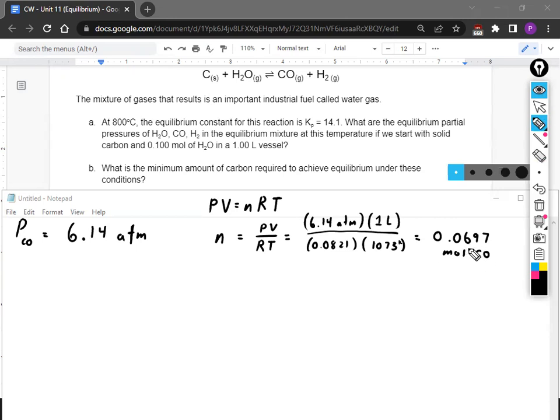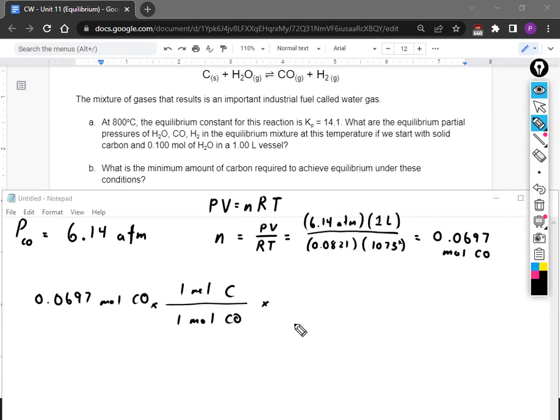Okay, so we're gonna take this value and we're gonna calculate the amount of carbon that's needed to produce this amount of CO. So we're gonna take 0.0697 moles of carbon monoxide. We're gonna set up our fraction. Okay, our mole ratio is 1 to 1. Thank the Lord, makes our lives easier. And then the molar mass is also very easy.